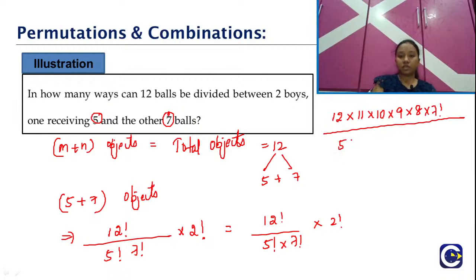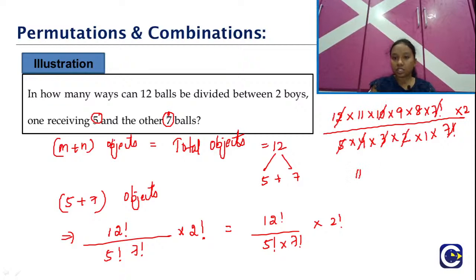And the denominator will be 5 into 4 into 3 into 2 into 1 into 7 factorial and into 2 factorial, so 2. So this 7 factorial and 7 factorial will get cancelled. 4 threes are 12, so 12 will get cancelled. 5 into 2 is 10, so 10 will get cancelled. And we are left with 11 into 9 into 8 into 2.